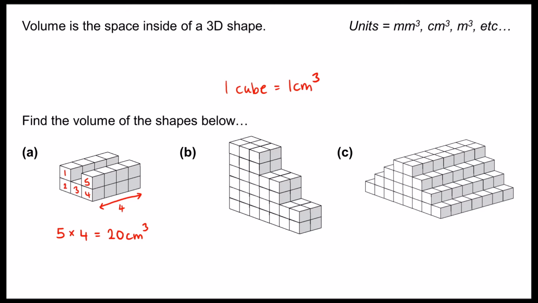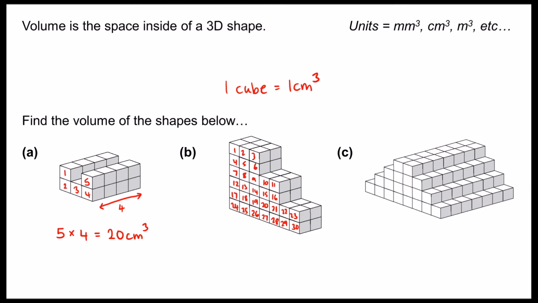We can use a similar strategy to work out parts B and C. So for part B, the number of cubes on the front face is 30.